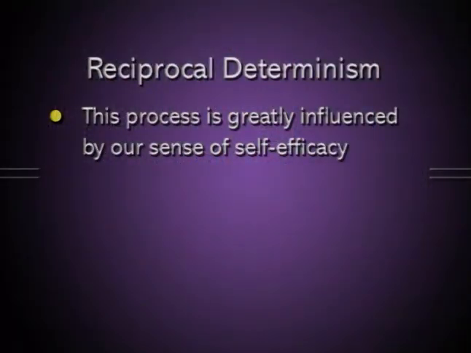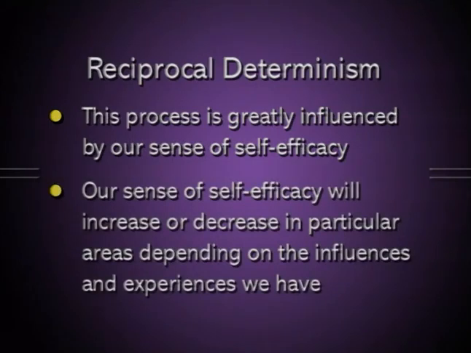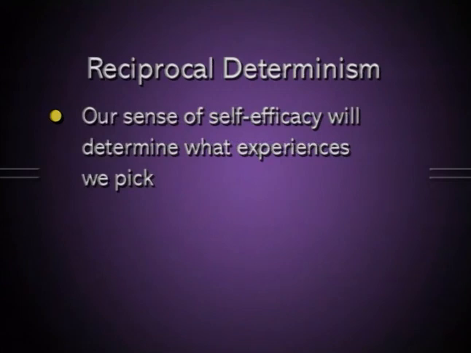Now, this process of reciprocal determinism is greatly influenced by our sense of self-efficacy. Our sense of self-efficacy will increase or decrease in particular areas depending on the influences we have and the experiences we have from reciprocal determinism, but our sense of self-efficacy will determine what we pick.